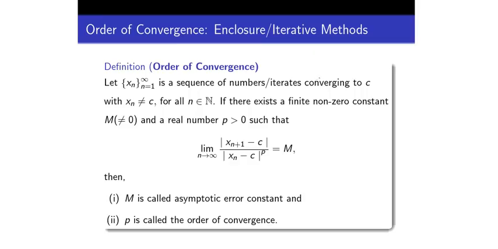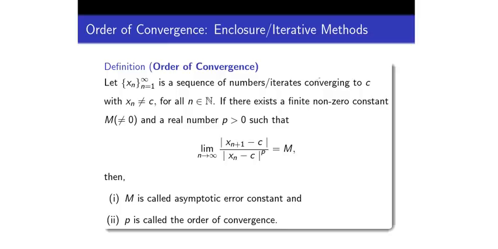The very important thing about an iterative method is that when you start working with the iterative scheme, it generates a sequence of numbers, and the desired thing is that it should converge to your exact solution.